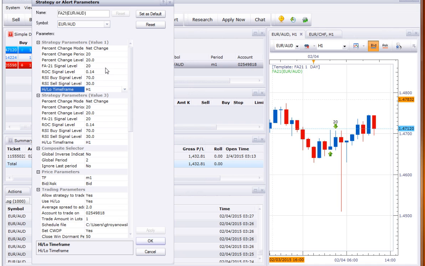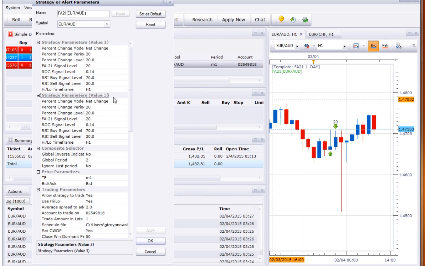Value 1 means that in the event the price movement of the Euro Australian dollar moves in a particular direction, let's say by example moving in an increasing value, if the parameter settings are met, FA21 will execute a buy, or what we call a direct trade that's in the direction of the trend.